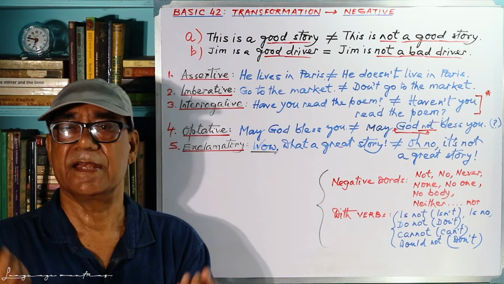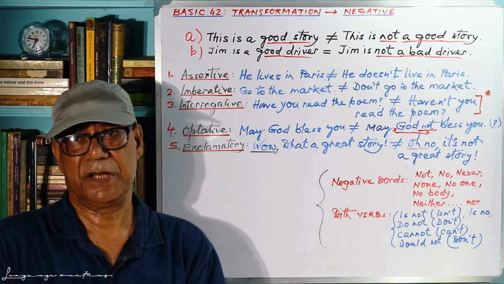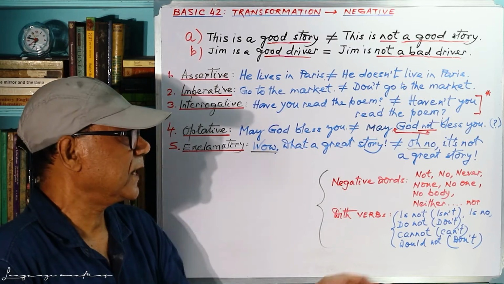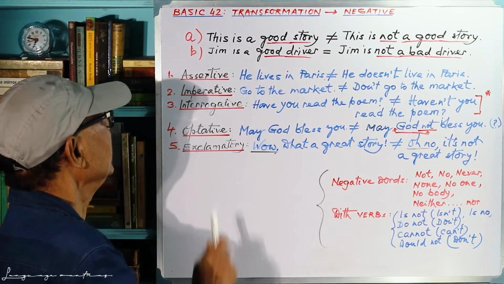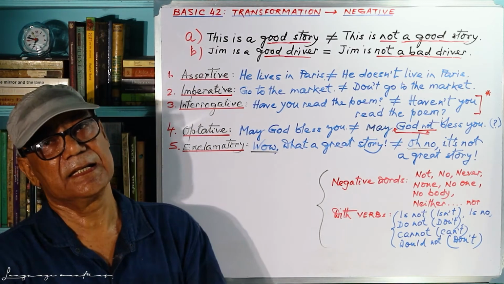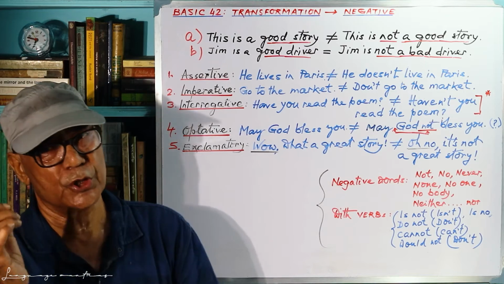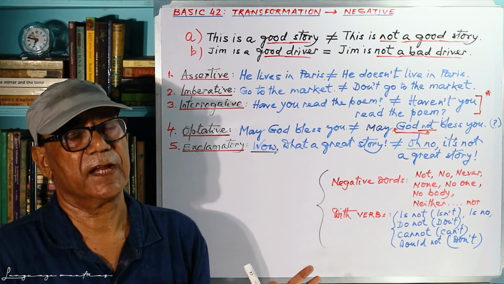I have no idea. So I use "no." Everybody was present there. Nobody was present there. So you can use other negative words also. So this way, assertive sentence is made a negative sentence. Use not or no or never, whatever is necessary.